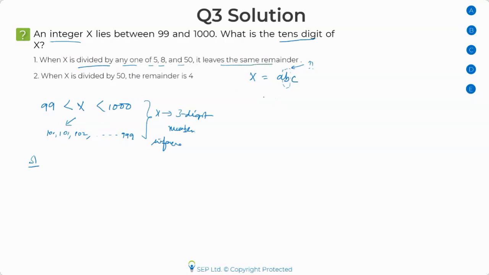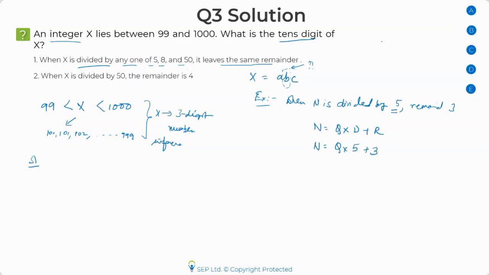Now, whenever you read a statement like this, here is where I'm going to give you a separate example. Let's say, for example, when n is divided by 5, the remainder is 3. You need to use the concept of n = q times d + r, where q is the quotient, d is the divisor, and r is the remainder. So you set up the equation: n is equal to the quotient, which you don't know, times the divisor 5, plus the remainder 3.